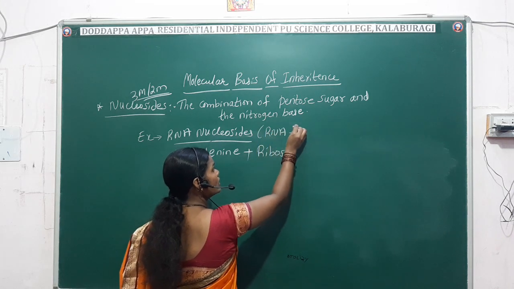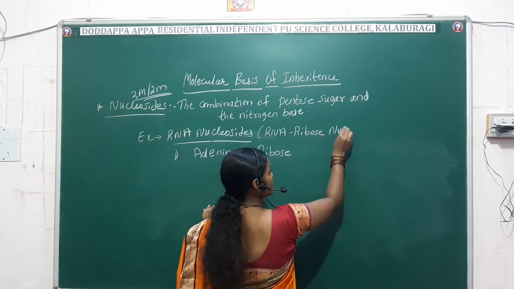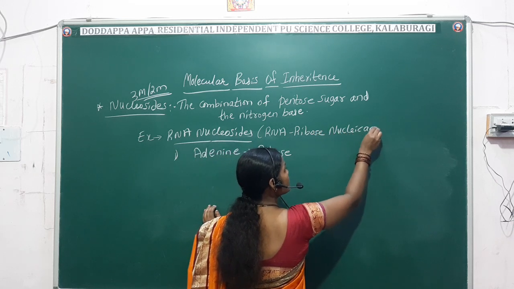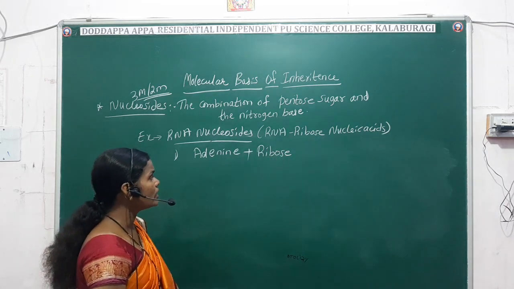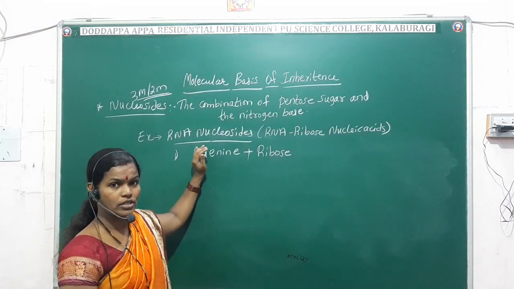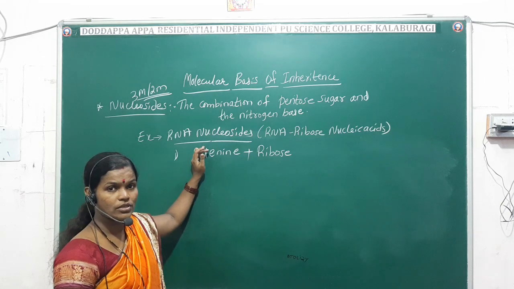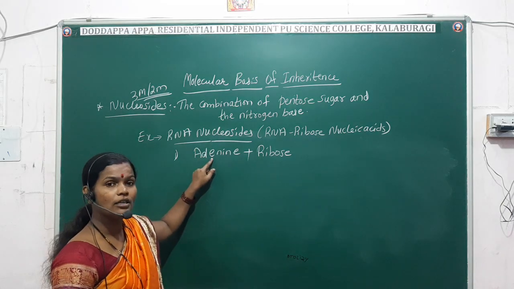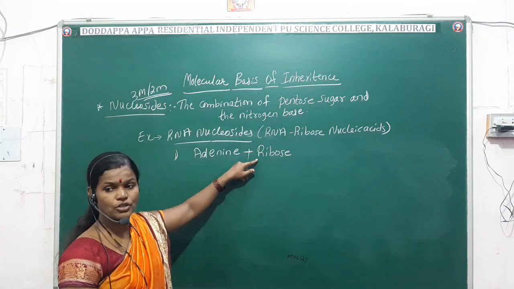Since we are going to see examples of RNA nucleosides, we take adenine, which is a nitrogen base, and ribose, which is the pentose sugar.